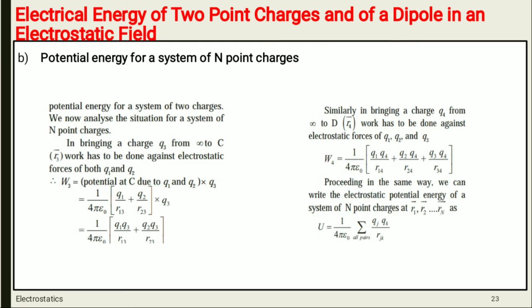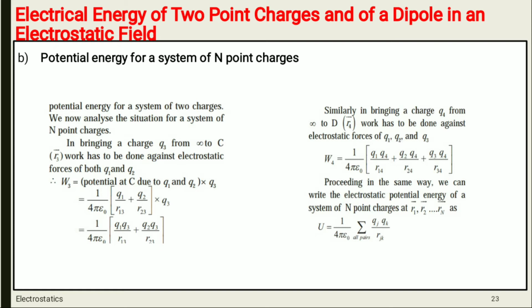This equation for work done you have studied. So we can write it as 1 upon 4 pi epsilon naught, Q1 divided by R13 plus Q2 divided by R23, into Q3. What is R13? The distance between charges Q1 and Q3.